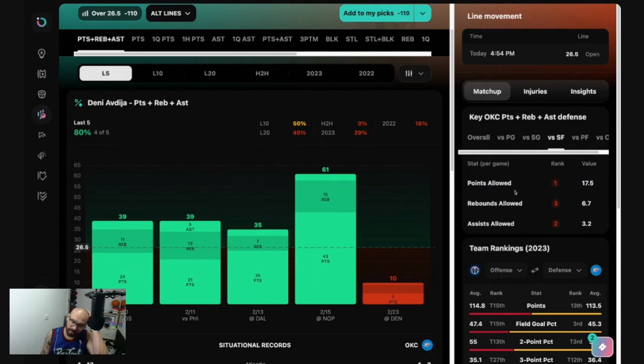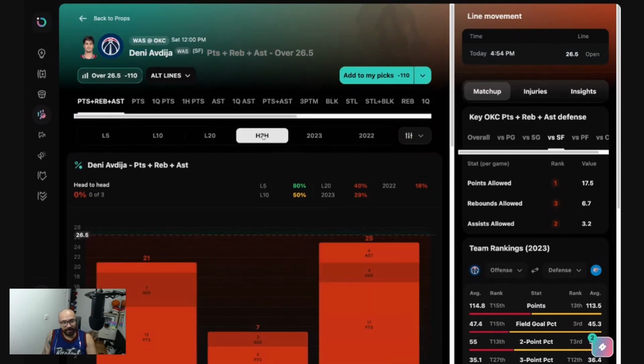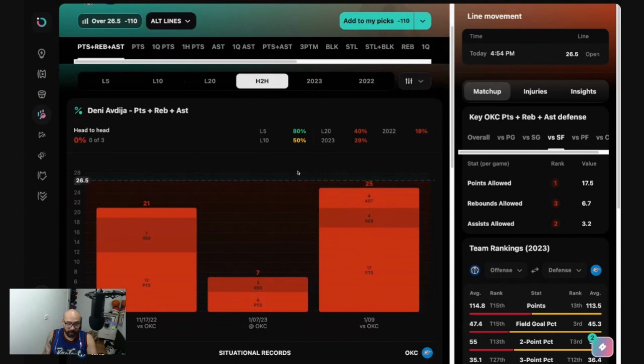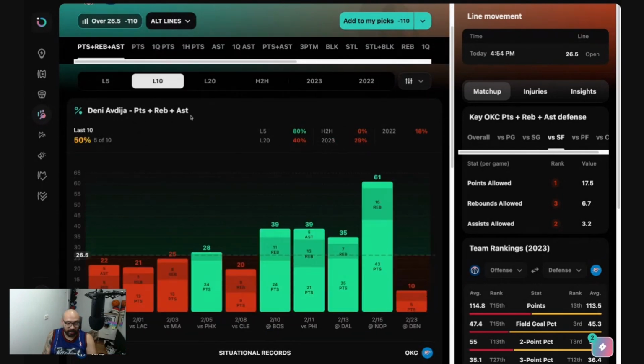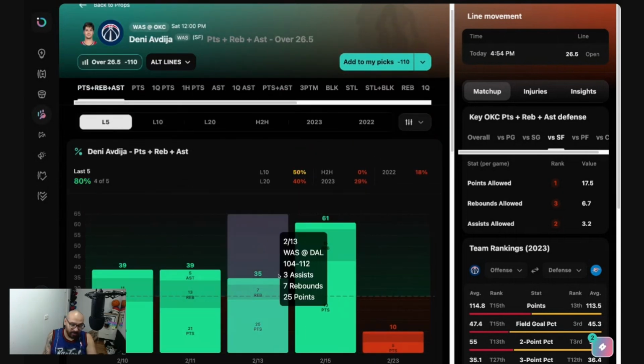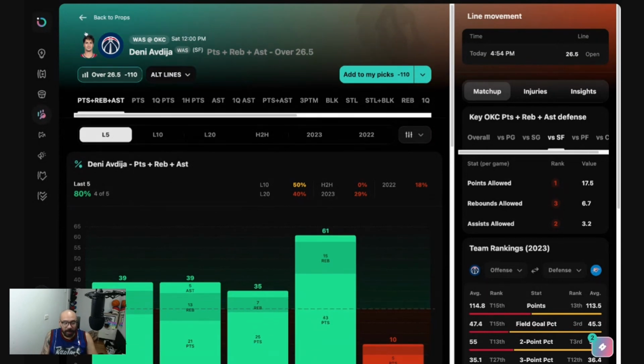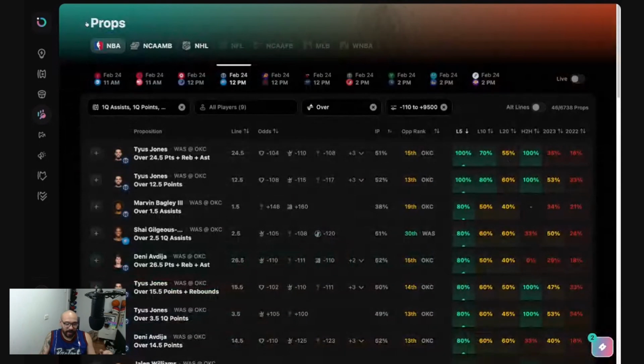The Thunder allow the fewest points, the 3rd fewest rebounds, and the 2nd fewest assists to small forwards. In head-to-head matchups, he's gone under in 3 consecutive games against the OKC Thunder. So, yeah, look, I'd definitely be leaning to the under for this pick, but given his form over his last 5, you might be hesitant to take the under, and I get that. So it might be a pick that's just not worth taking at all.